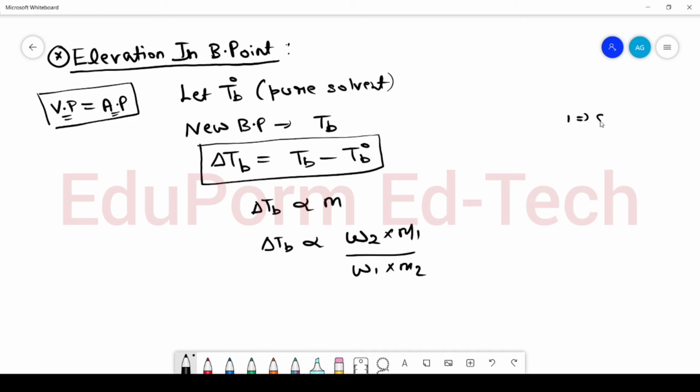One is for solvent while 2 is for solute. W represents the mass, whereas M represents the molar mass.